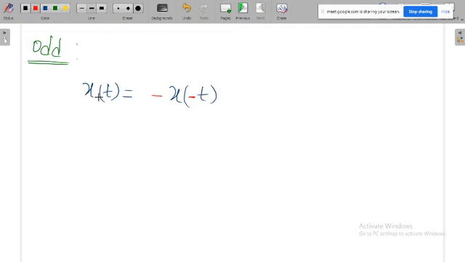That means if x of t is equal to minus x of minus t, or sometimes in the book they give it like this, x of minus t is equal to minus x of t. You know that this minus you can take up here also. If x of minus t is equal to minus x of t, or x of t is equal to minus x of minus t, all are the same. So if the signal follows this condition, then the signal is an odd signal.